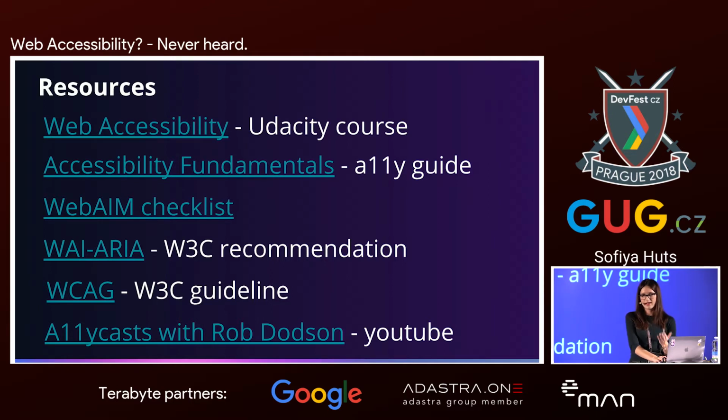Also, the ARIA specification, the WCAG guidelines, and the last one is the cool videos on YouTube with Rob Dodson on the Chrome Developers channel. This is around 30 videos, up to 10 minutes each, but they cover a lot of topics on accessibility.